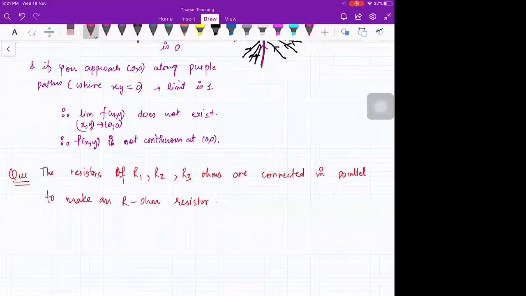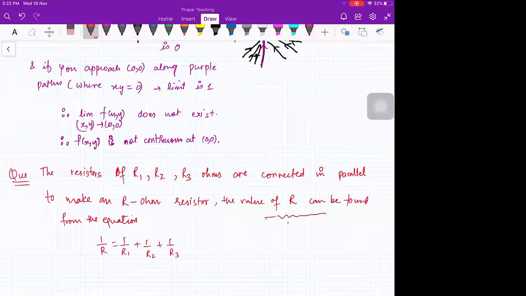The value of R can be found from the equation 1 by R is equal to 1 by R1 plus 1 by R2 plus 1 by R3. You know, right? If you connect 3 resistors in parallel, this is what your final resistance will be.